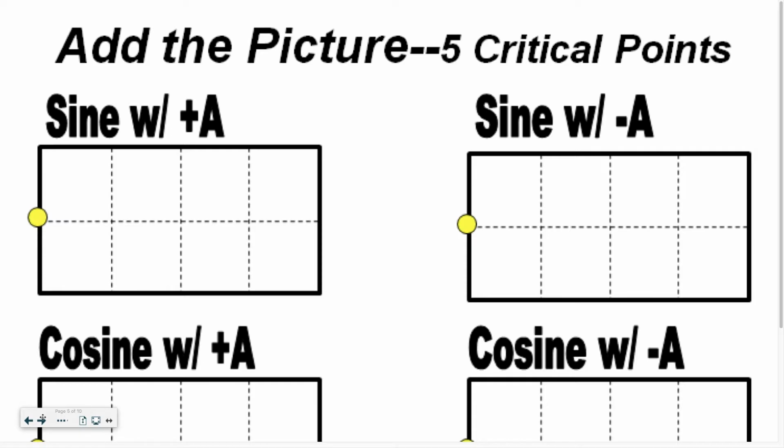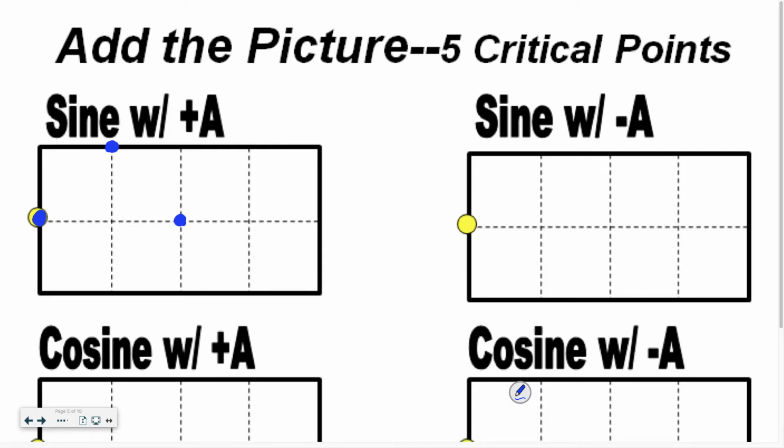Let's talk about the sine graph with a positive A. Our sine graph looks like an S, okay? And it goes in the positive direction first. So our sine graph does begin at the starting point. Then we go to the next quarter mark and go to the top of the frame. Then we go to the next quarter mark to the middle.